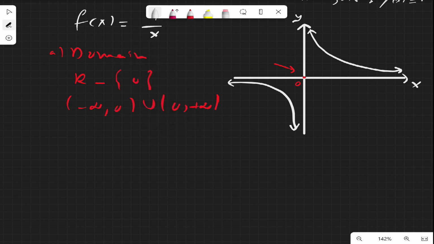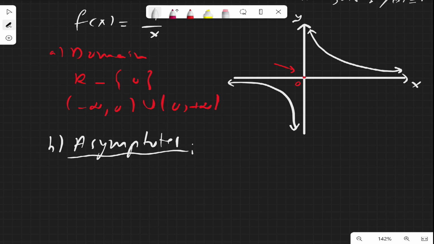The second part, we're going to talk about asymptotes. Like many rational functions, it has branches going to a certain x and y values. These values are the asymptotes. The line holding these values are called the asymptotes.